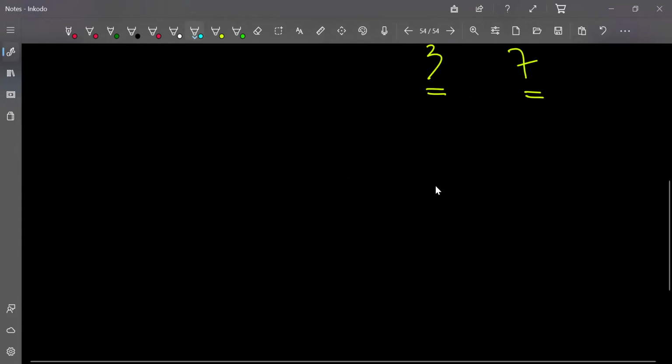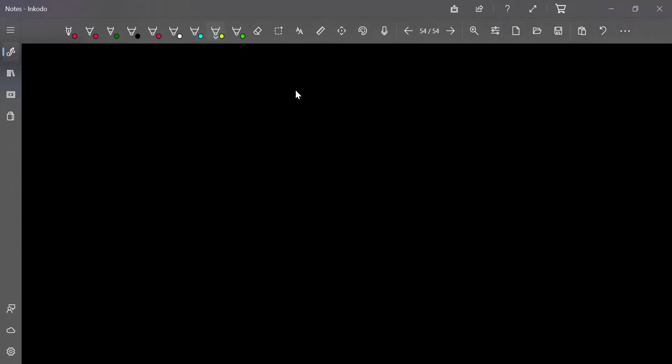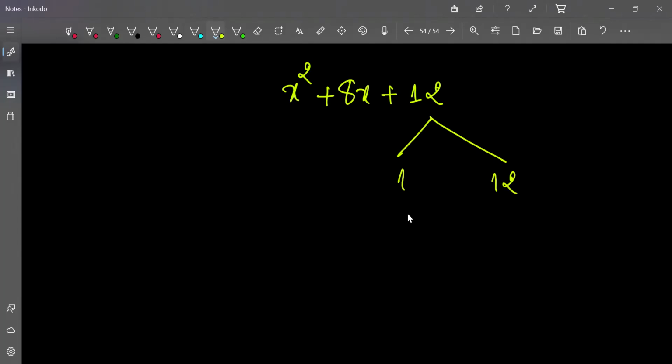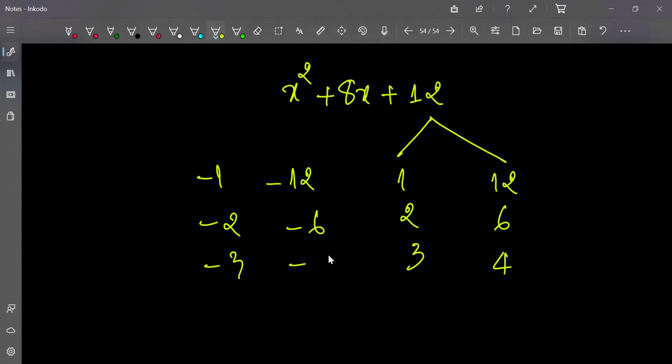Okay, so now let's try another exercise. If I have x squared plus 8x plus 12. So now listing the factor pairs, 12 is 1 and 12, 2 and 6, 3 and 4, and the negatives are -1 and -12, -2 and -6, -3 and -4.